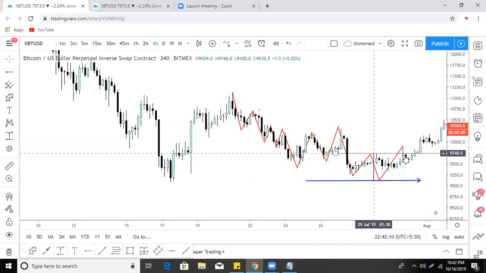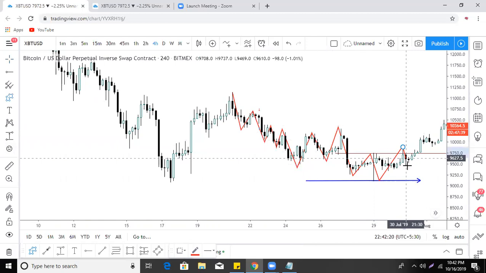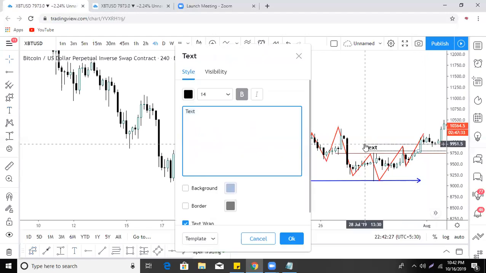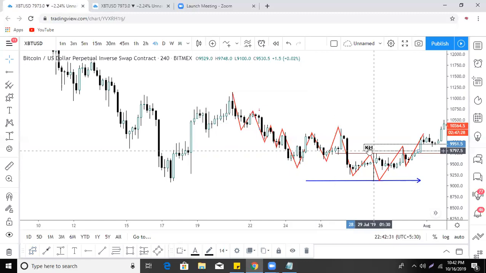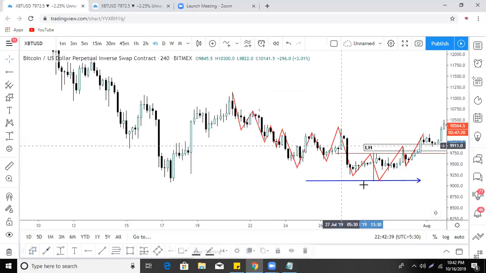What happened? Price dropped down, failed to make another lower low and made another high, right? So here, price made this. At this level, we know that this was the lower high of the previous high, right? It was a lower high of the previous, and this was the lowest low.